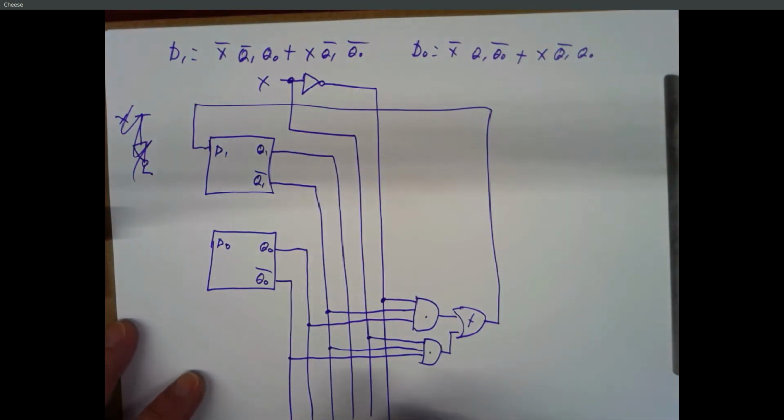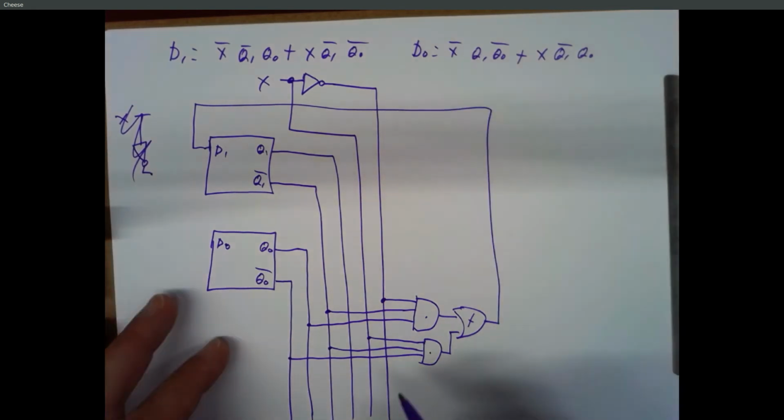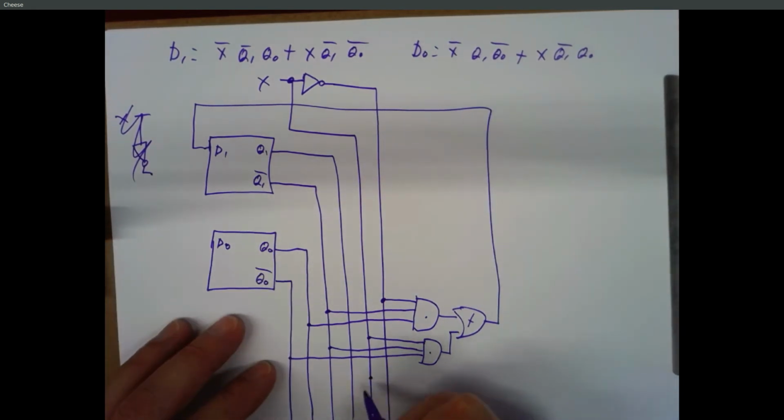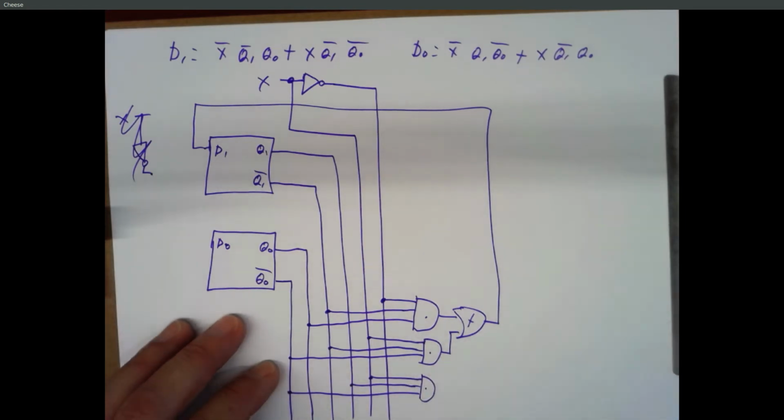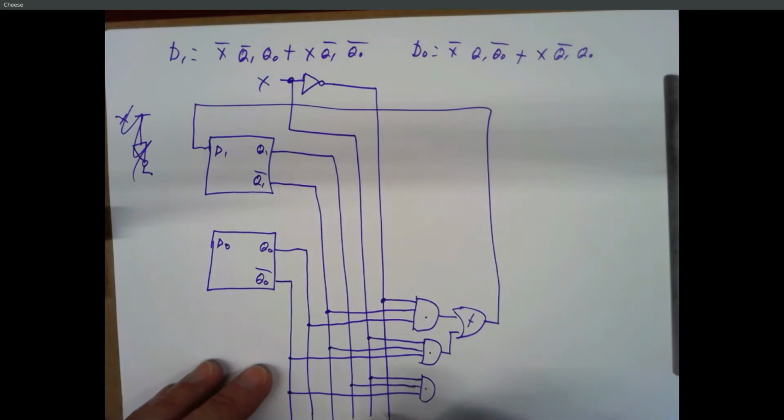And then D0 is going to be X bar, Q1, Q0 bar, and then X, Q1 bar, Q0.